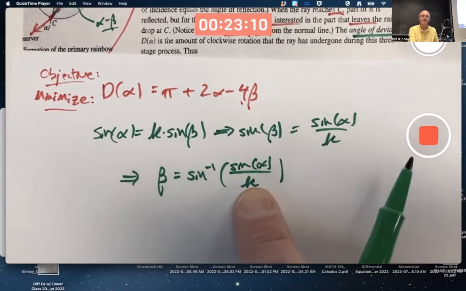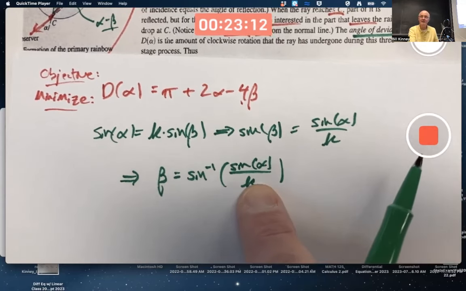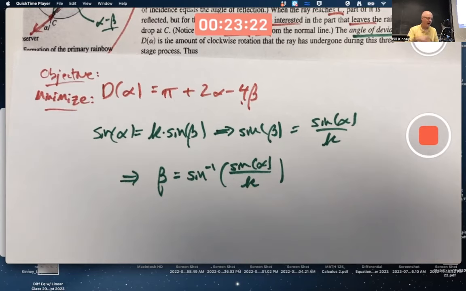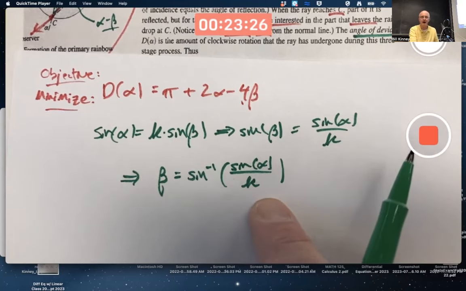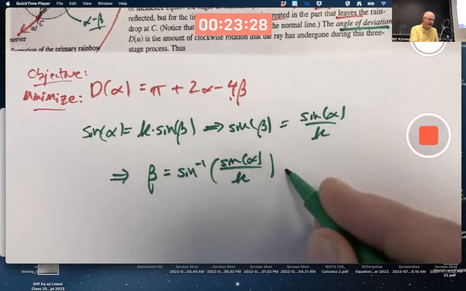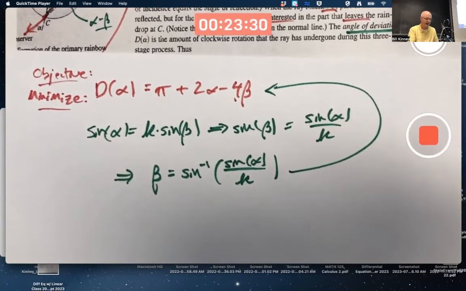If K were 1, it would simplify, wouldn't it? To just alpha? Inverse sine of sine of alpha would be alpha, as long as alpha is between negative pi over 2 and positive pi over 2. But K is bigger than 1, so you can't do anything with this other than leave it like it is. But we can take this and plug it back in there in place of beta.